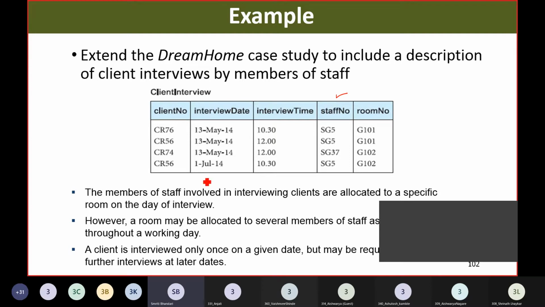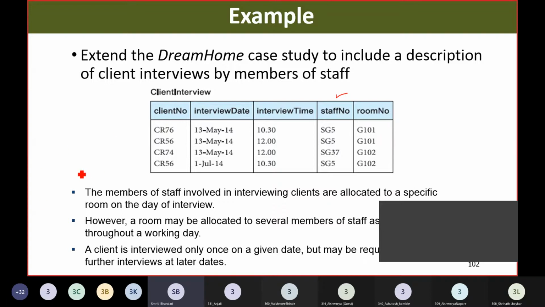These interviews are scheduled on those particular dates and times for the respective clients, and to conduct those interviews, some room numbers are allocated. So we would like to store information like which client is having an interview on what date, what is the time of the interview, who is the staff member conducting that interview, and what is the location for that interview. This information additionally we would like to store in our Dream Home database system.